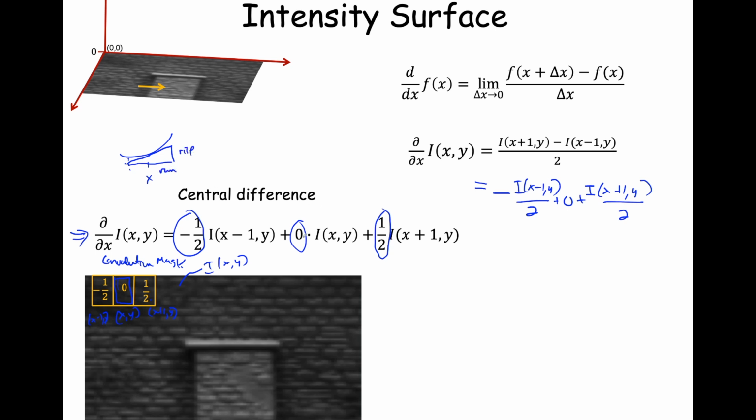And so if we compute this convolution using central difference, the value we get as a result of that weighted sum is going to be the local slope of the intensity surface at that center position over the image where it is currently placed.